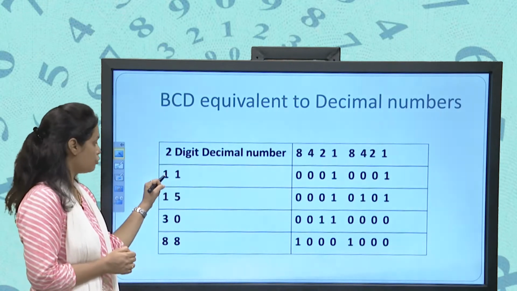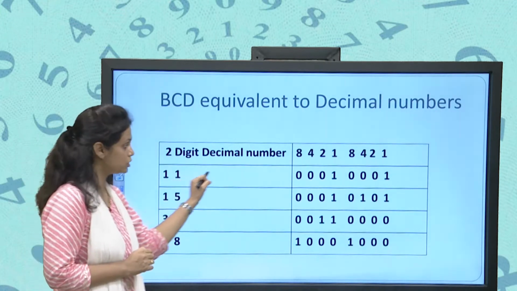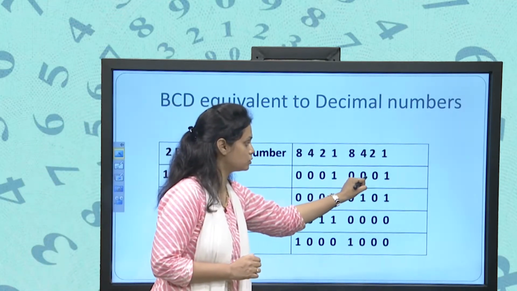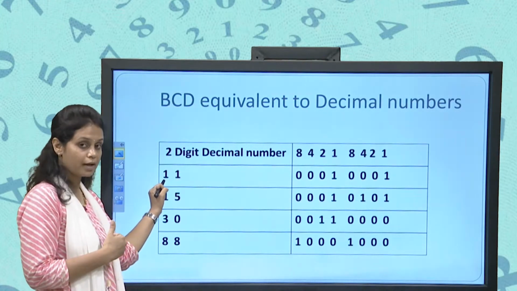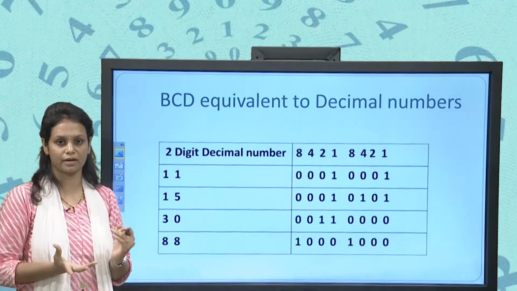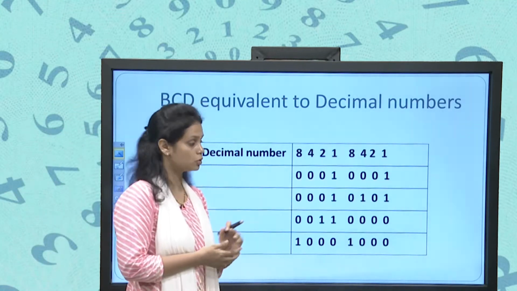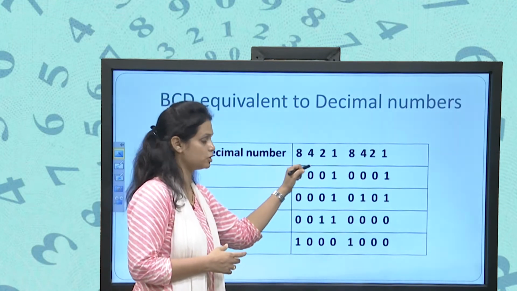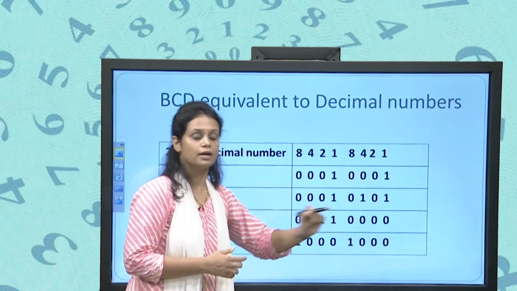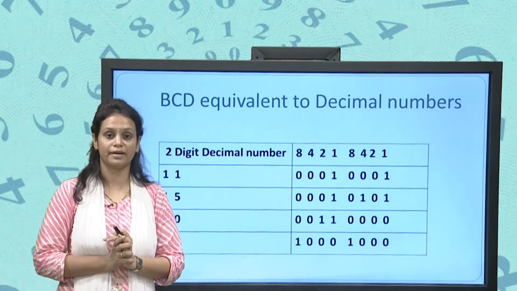So first we represent 1 using 4 bits, this is 0 0 0 1. Again for the next digit we use 4 bits separately, so again we write 0 0 0 1. So this whole number, 0001 0001, represents 11 in binary coded decimal.